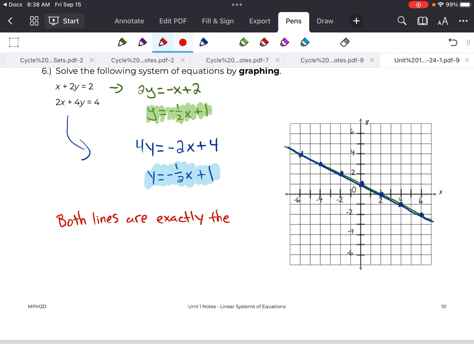Therefore, there are infinite answers, solutions, let's say. Okay, when parallel lines, there were no points of intersection, no solutions. Now, these are the exact same lines, so it's infinitely the same.